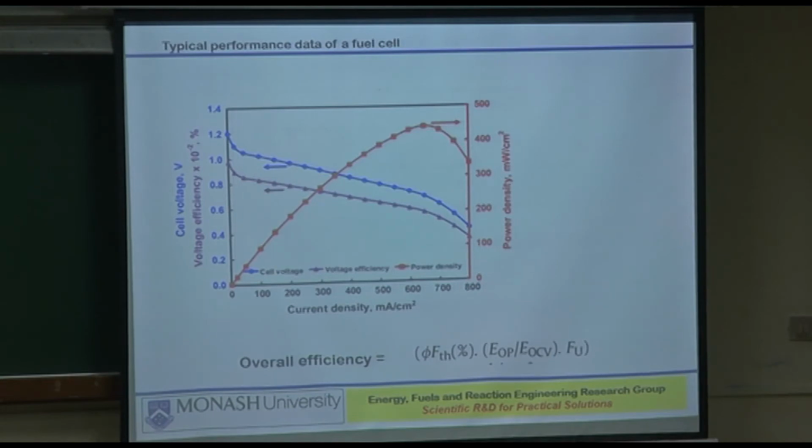Then the red one is the power density, which is extremely important, because if you have a high voltage but your power density is very low, that's not going to be of much use. These are the important parameters which are measured, or rather calculated from measurements during experiments.